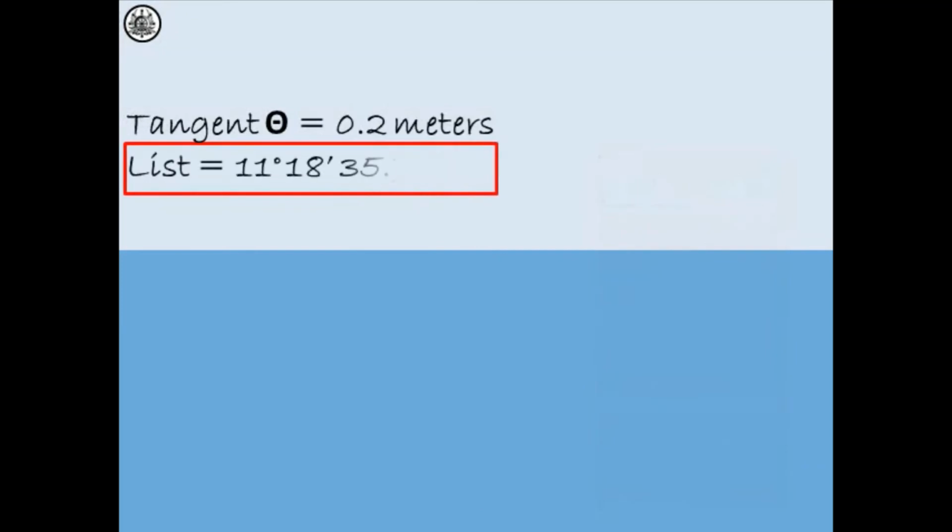List is equal to 11 degrees, 18 minutes, and 35.7569 seconds.